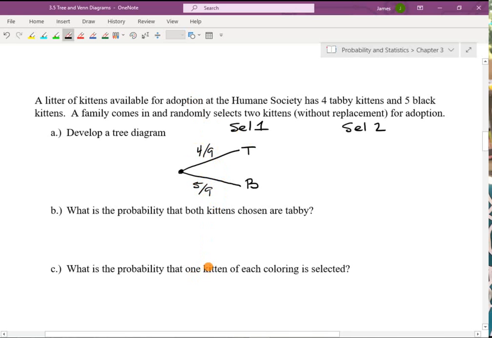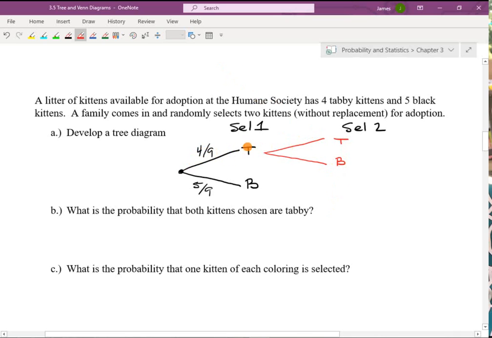right? Okay, so we picked that one, we put it aside, keeping our eyes closed, we're going to pick a second one. If I picked a tabby the first time, what could I choose the second time? Could have been a tabby or a black, right? Okay, so let's think about this though.